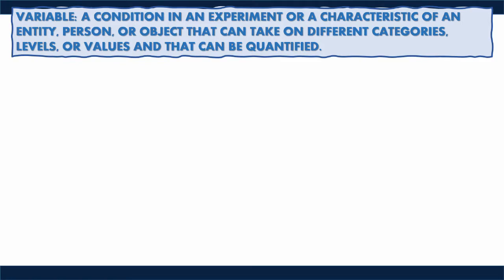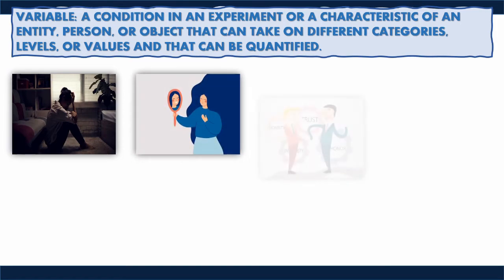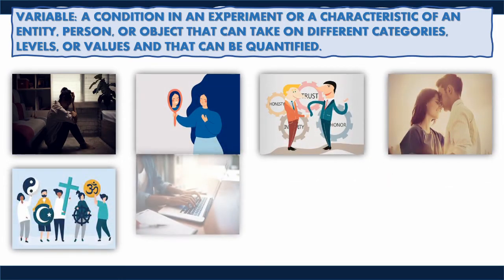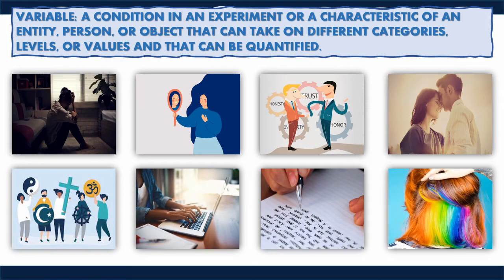You already identified an assortment of communication variables in your first short assignment, so please feel free to use one of those. Examples of variables include depression, self-esteem, source credibility, relational commitment, religiosity, internet use, number of collective we, us language in letter writing, or even hair color.